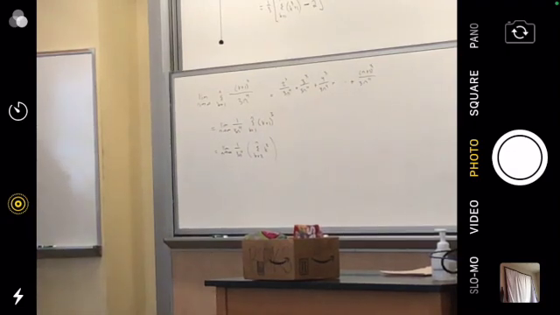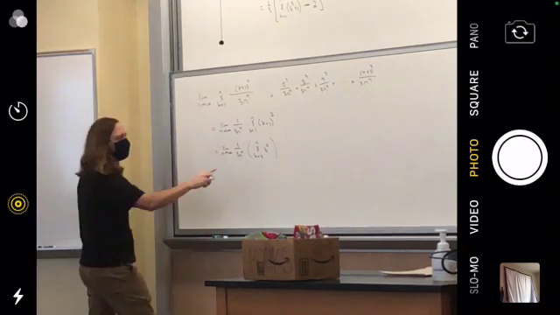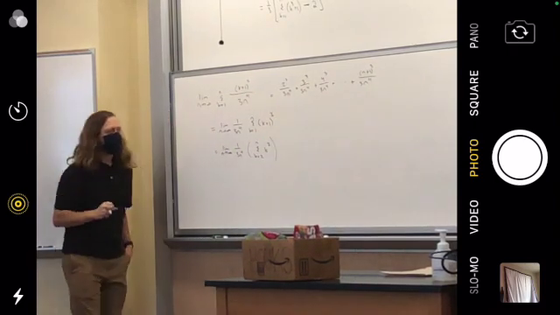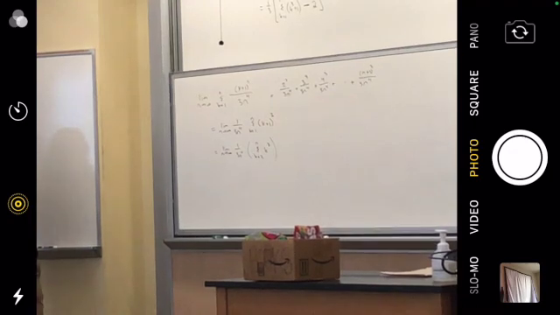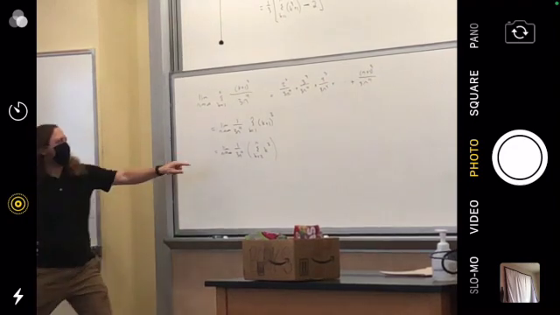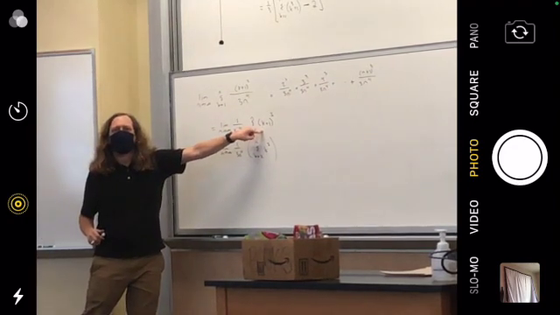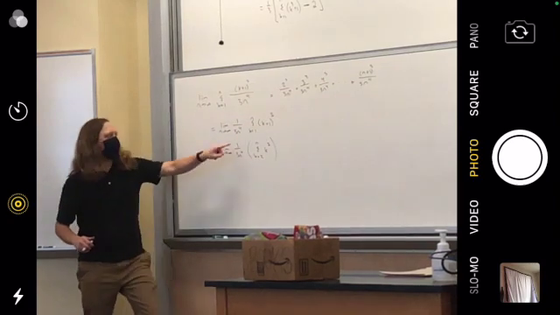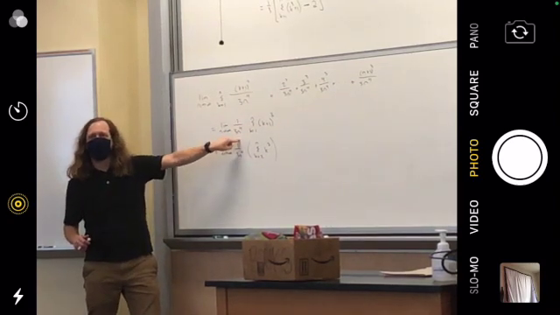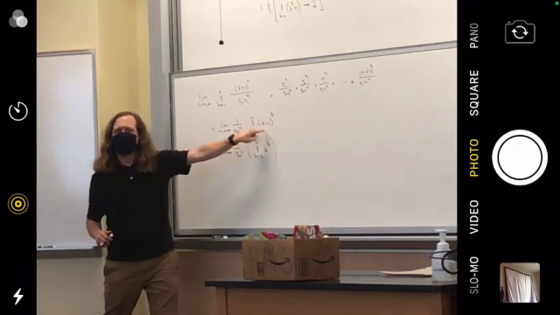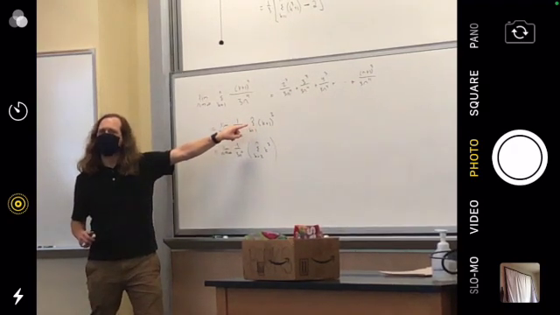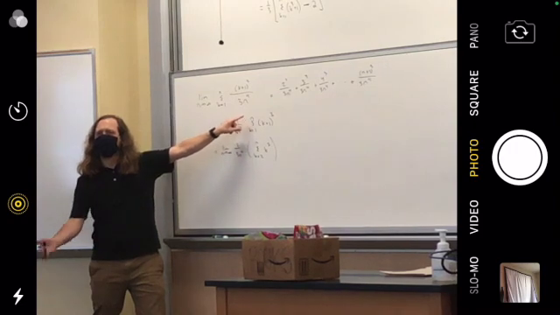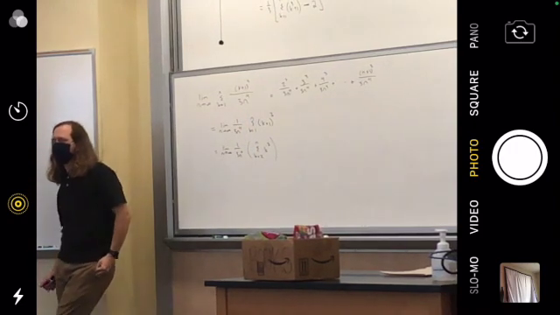Technically speaking, the 1 over 3 n to the 4th goes towards 0. So when we take the limit and that's 0, then multiply by 0, wouldn't we get 0? It's not 0 yet, because we haven't plugged in. It looks like 0 times infinity. Plugging in infinity here, this would be 0, this goes to infinity. 0 times infinity is indeterminate, which means we may or may not have a limit. We have to do more work.